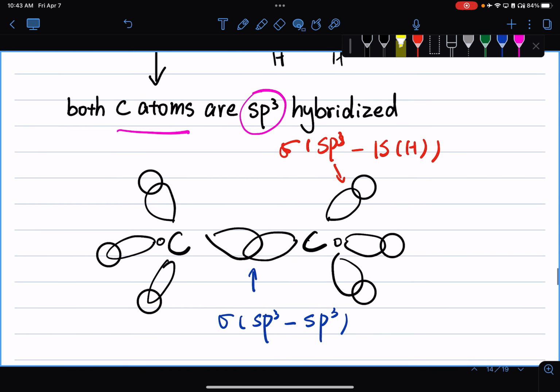Each of these small circles is a 1s of hydrogen atom. All right, so that's a single bond. This should be straightforward. You have the sp3 hybridized atomic orbitals making all sigma bonds either with the neighboring carbon or with the hydrogen atom.